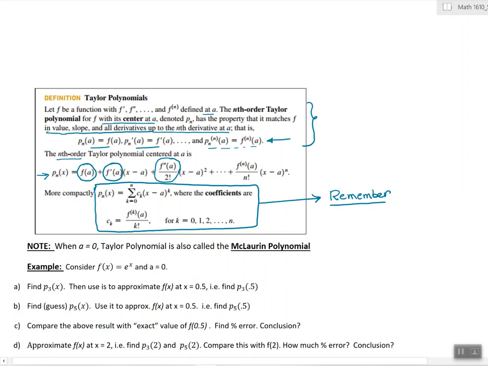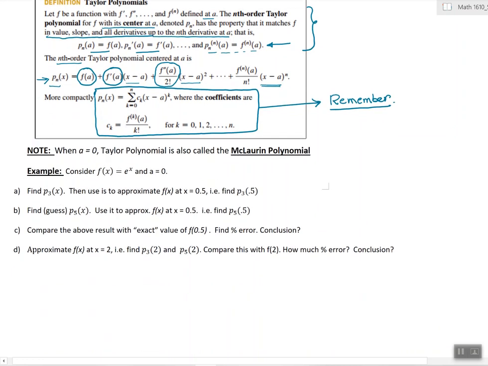It's not that difficult. So let me repeat. A Taylor polynomial of order n is f of a plus the first derivative at a times (x minus a), plus the second derivative divided by 2 factorial times (x minus a) squared, and so on till the nth. So we have to decide on n and find the Taylor polynomial.